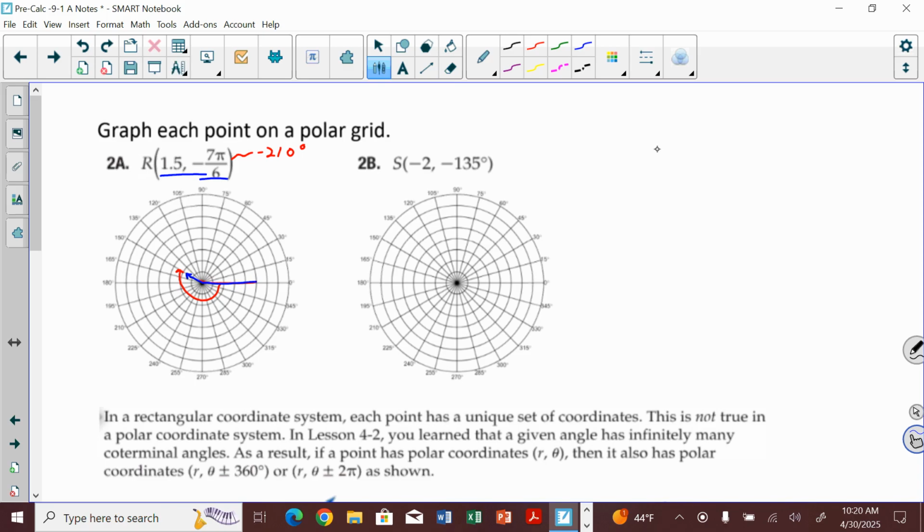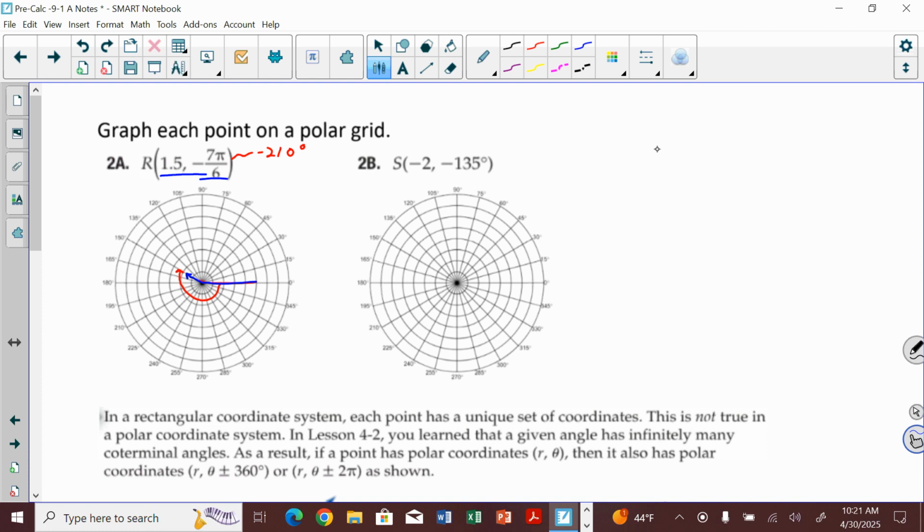All right, so next one, negative 2 and negative 135. It's already in degrees for you. So I'm going to go ahead and do my angle first. So starting here, and I've got negative 2. So I'm just going to say negative 135 is going to be at 225.